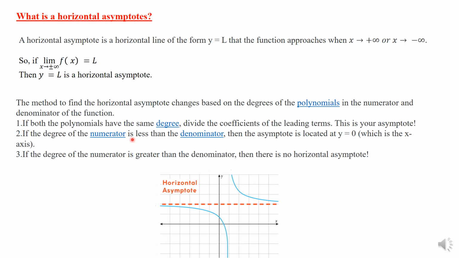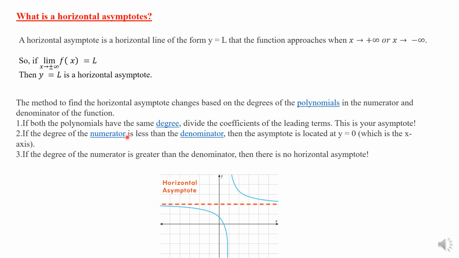Now, the methods to find the horizontal asymptote depend on the degree of the polynomial in the numerator and the degree of the polynomial in the denominator. We are talking here about rational functions. So first, if both polynomials have the same degree, we just divide the coefficients of the leading terms.